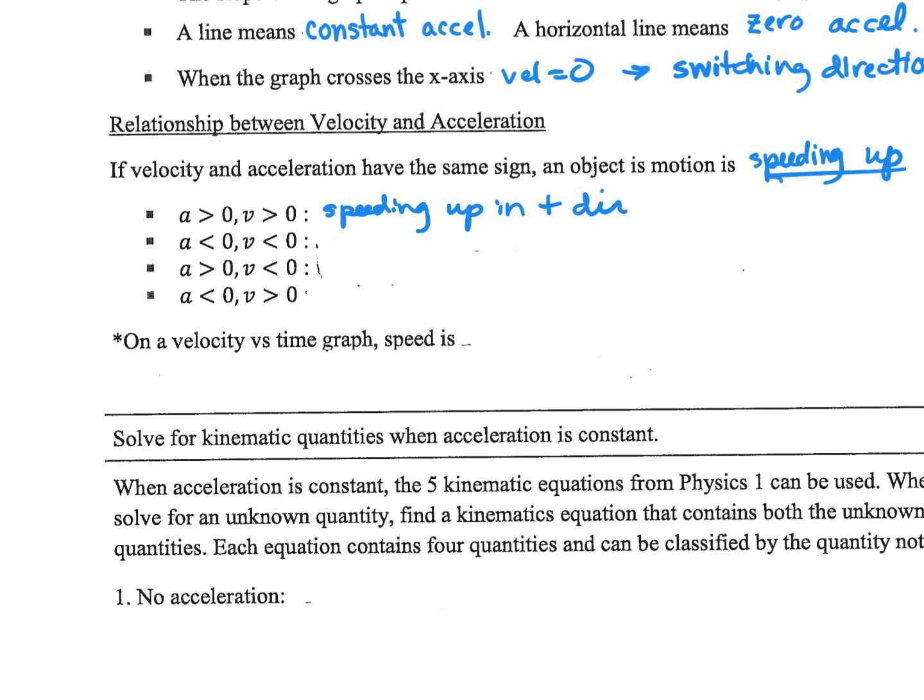If the acceleration is negative and the velocity is also negative, it's speeding up in the negative direction. If the acceleration is positive but the velocity is negative, slowing down in which direction? Negative. Slowing in the negative direction. What if the velocity is positive but the acceleration is negative? Slowing down in the positive direction.